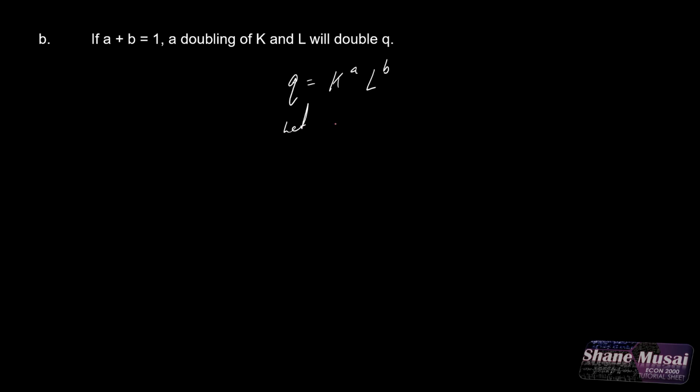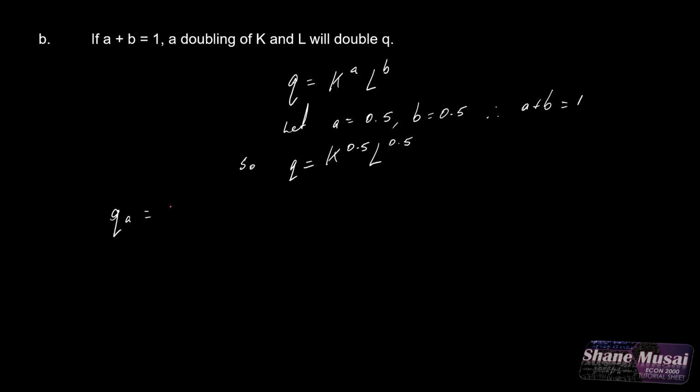Let A equal 0.5 and B equal 0.5. Therefore, A plus B is equal to 1. Q is equal to K to the power of 0.5, L to the power of 0.5. And now if we double the input factors K and L, then we'll have a new production function. Let's call it QA.